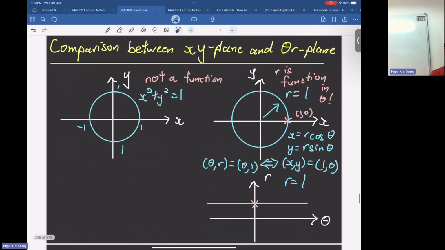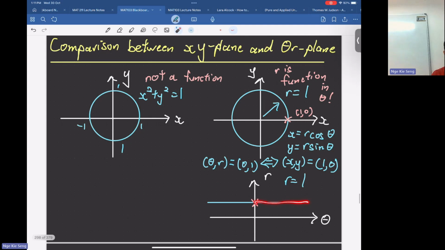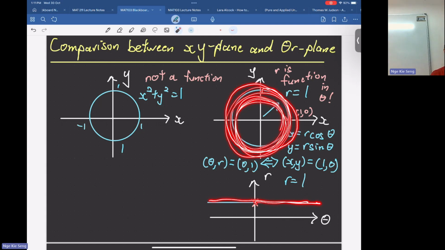The radius still stays the same. So meaning you are plotting all the points starting from this positive axis and then going in the clockwise direction. So basically you also get the whole circle as well. Meaning if you take this line here, you are actually wrapping this circle infinitely many times.